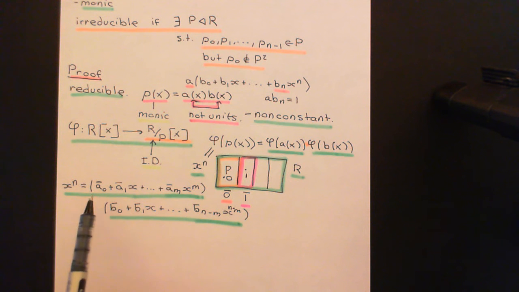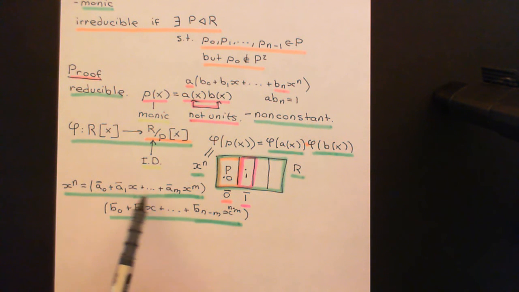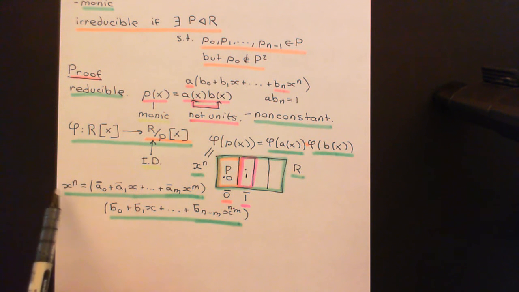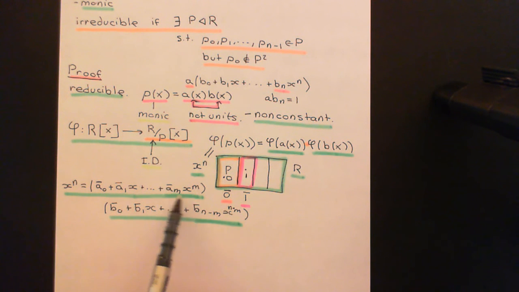Hopefully you should be able to see that the only way for you to multiply these two things together and get just the result of multiplying the two highest power terms is if all the other terms are equal to 0, and therefore you can conclude that the two constant terms are equal to 0. Now of course that's just an intuitive argument.